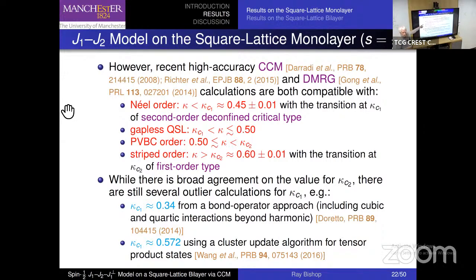And when we first saw this transition, it was before Senthil and his collaborators, who came up with this idea of a new set of phase transitions, these deconfined ones. When we first found this, they hadn't done that, and we ran into all sorts of problems with referees who said, you must be wrong because you're in violation of what Landau told us.